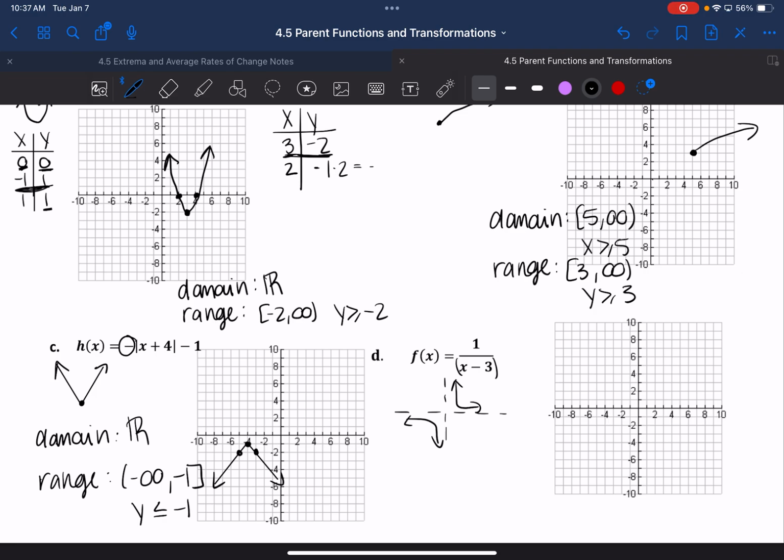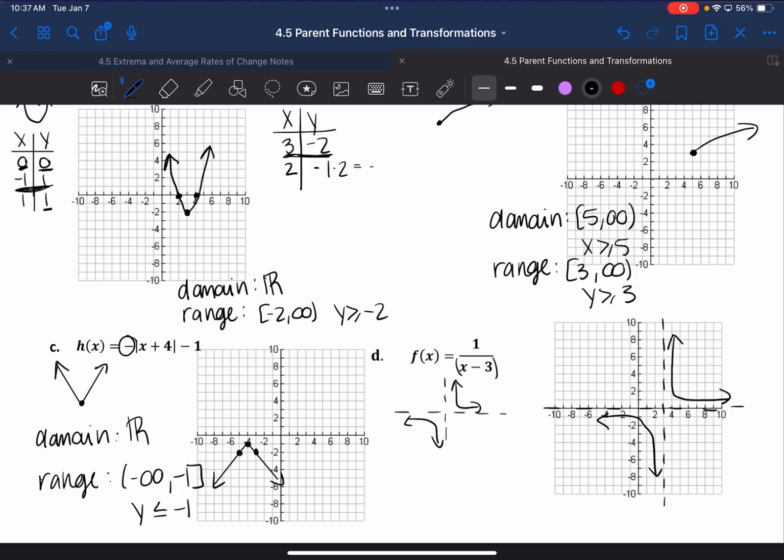So instead of having an asymptote at 0, I'm going to have an asymptote at 3, right? And did it say to move it up or down any? So then this asymptote stays at the same spot, stays on the axis. So this piece is still here, and this piece is still here.